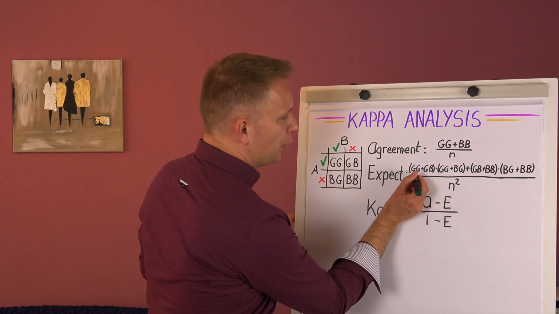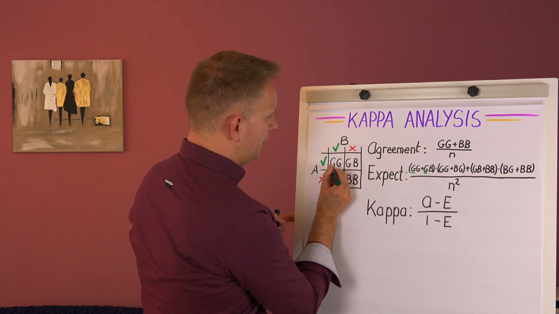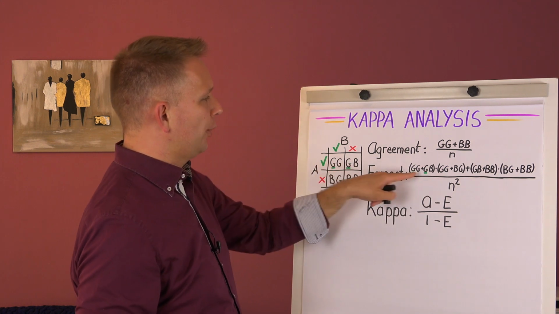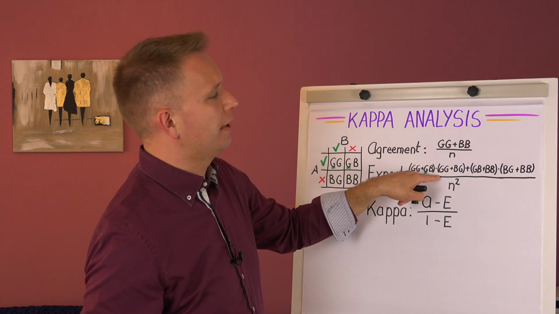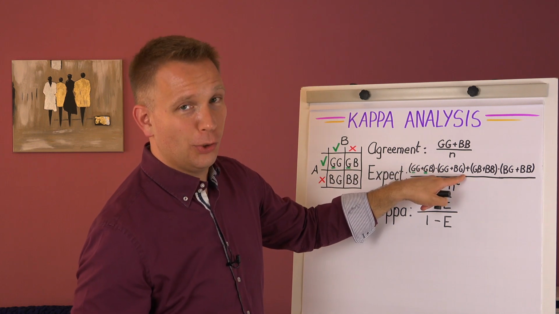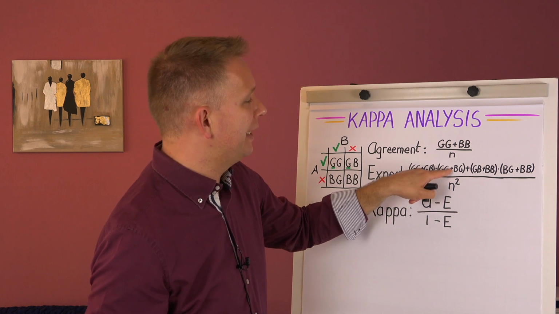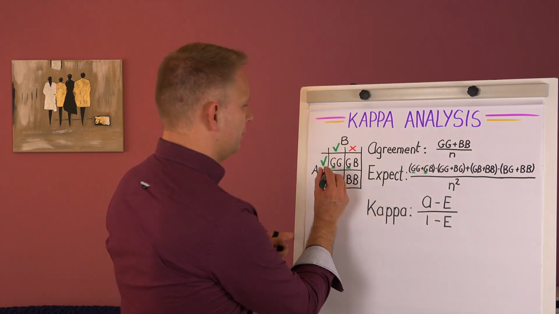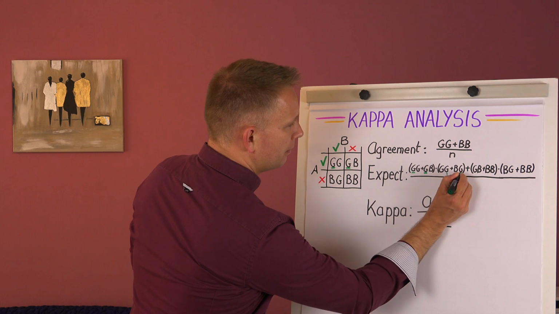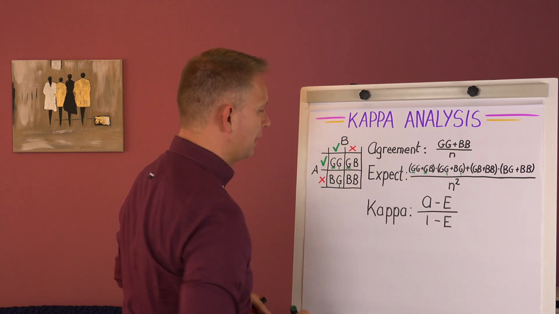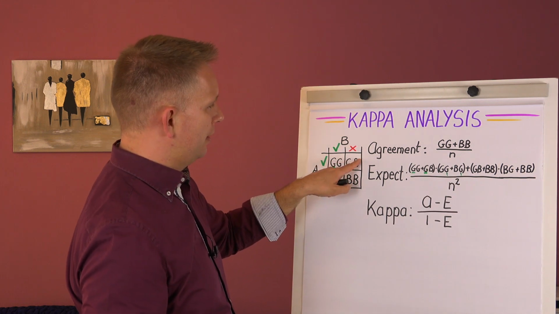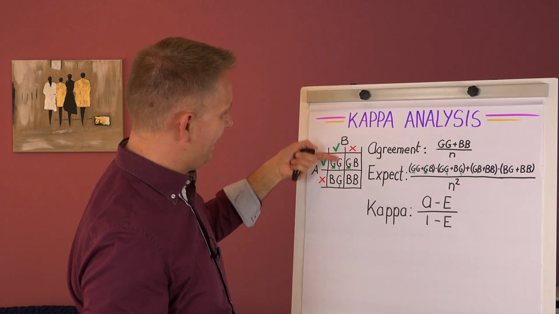You see these good here. And we are going to multiply that by what operator B calls good. So there's again the good, but this time the bad, good. So this one. This added together times that added together.